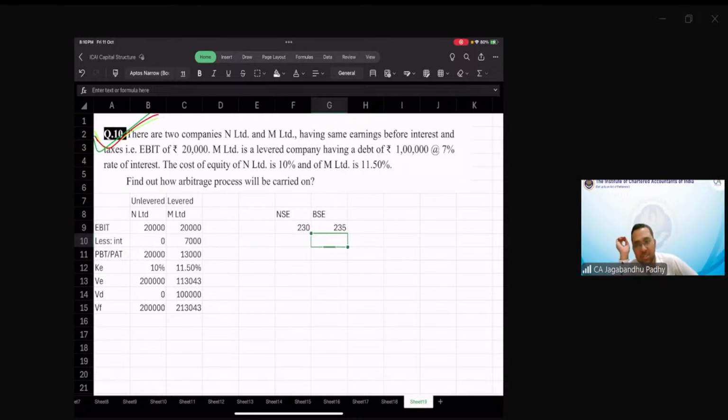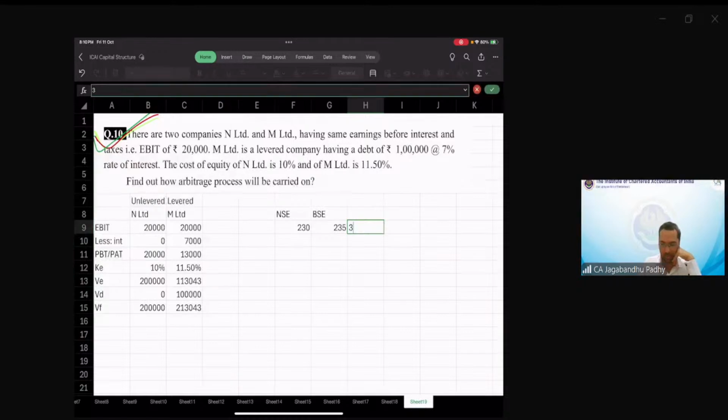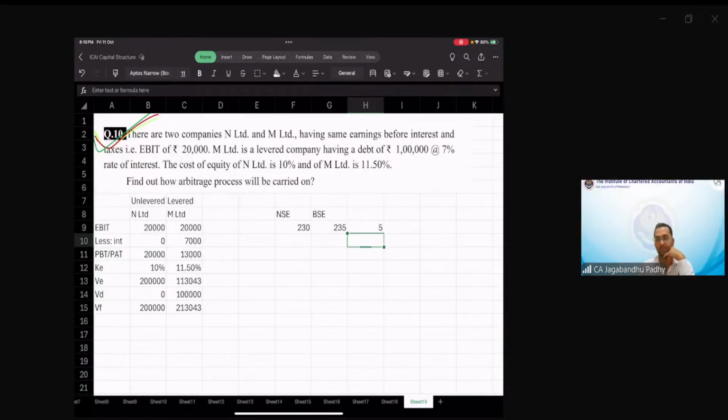So tell me, as a rational person looking for opportunities to profit, what will you do? What will be your plan of action? Can I say we will purchase from NSE at a price of 230 and sell it in BSE at a price of 235, and by doing that, you get a profit of 5 rupees?